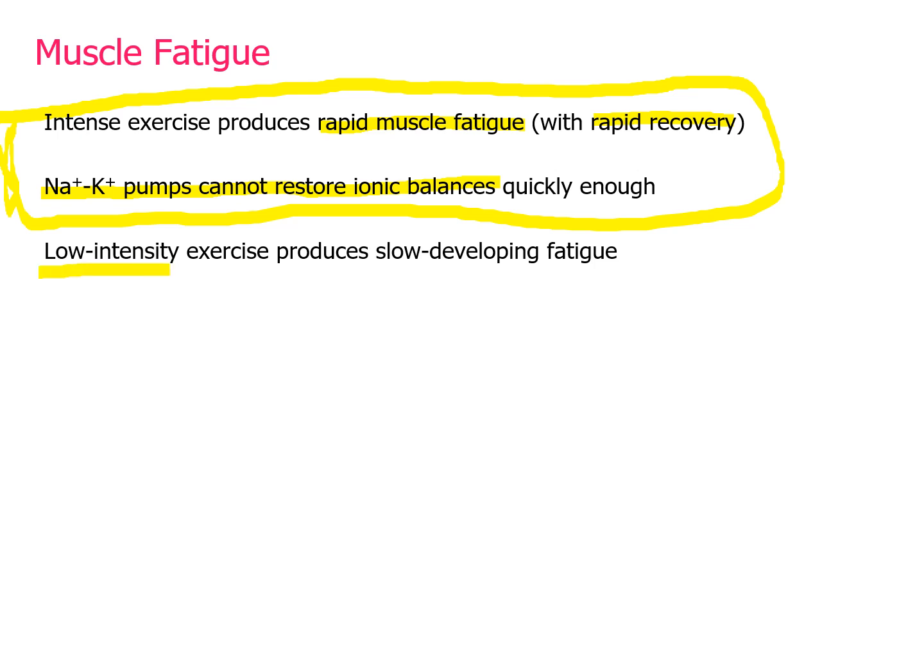With low intensity exercise, you can get a much slower developing fatigue, and that's why people can run marathons. They can run for hours, literally, because it's a lesser intensity, they're not exceeding their ability to produce enough ATP. They're not exceeding their ability to deliver enough oxygen for aerobic respiration to occur.